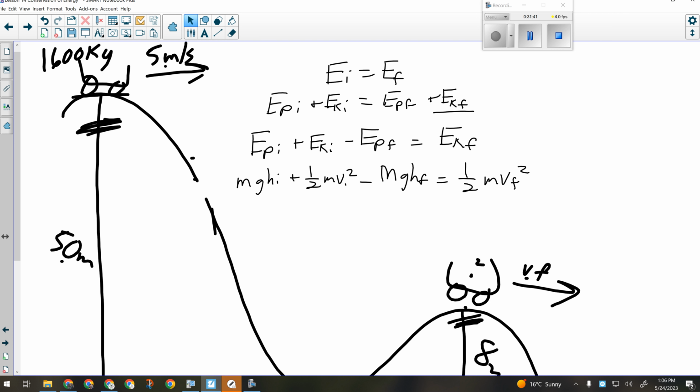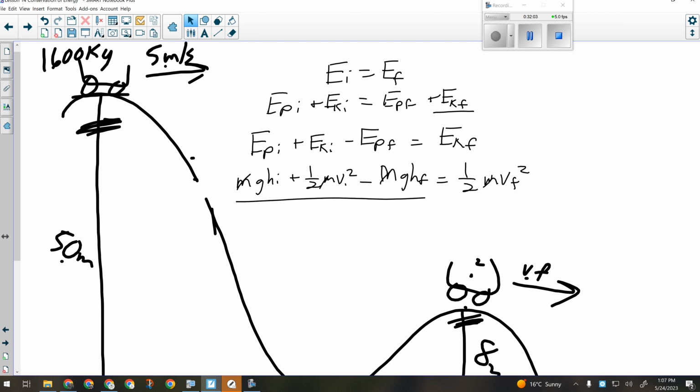m is in every term. Do I need it? I don't. You can leave it in if you want, but I hate entering extra stuff, so I'm taking it down. Now, I'm trying to find VF, so what do I have to do with this 1/2?